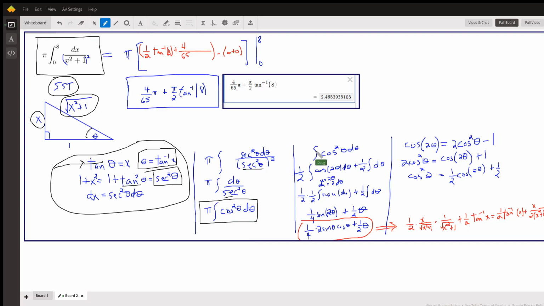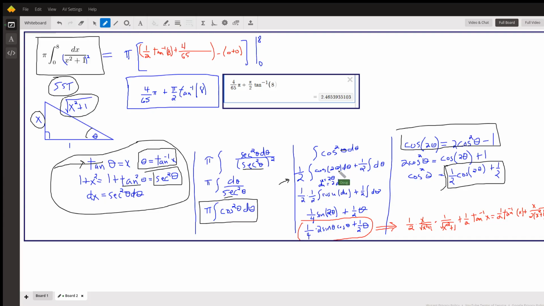How do you find an antiderivative for cosine squared? Well, I'll go over it real quickly. You use this trig identity right here. Solve for cosine squared, and that's what you get. So we want to evaluate the indefinite integral of that right there, and that's what I'm showing on this row.